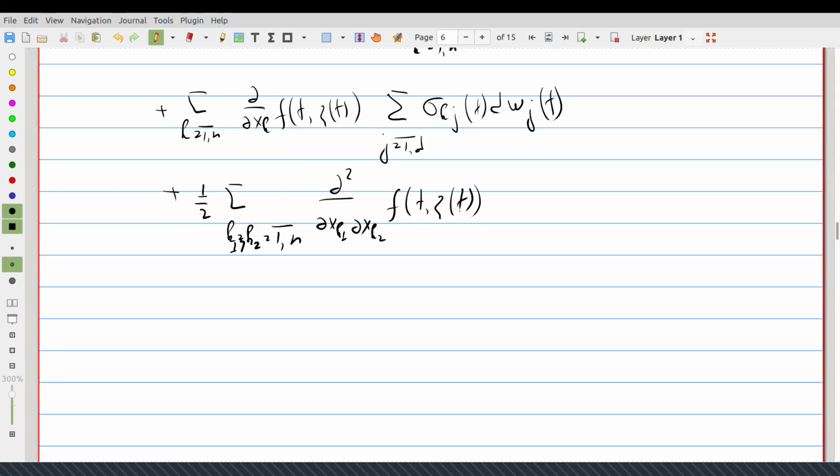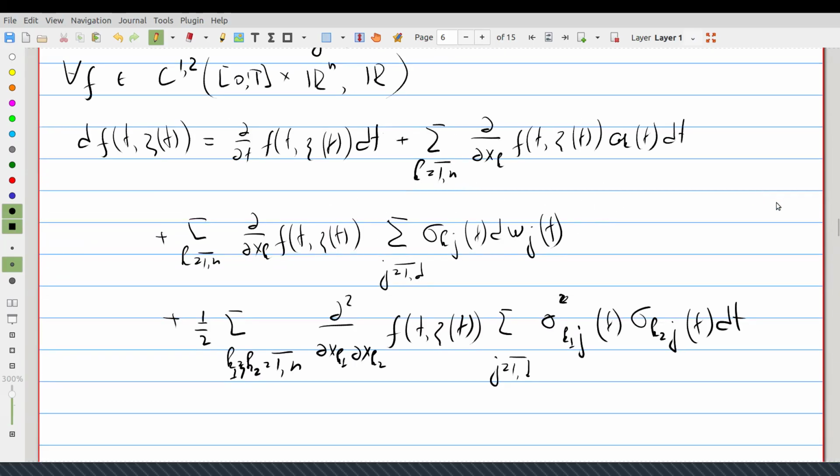And here we have, I think, just this d sigma squared, k1 of sigma g t sigma k2 of g of t dt. Yeah, it looks good. So this is a multidimensional version.